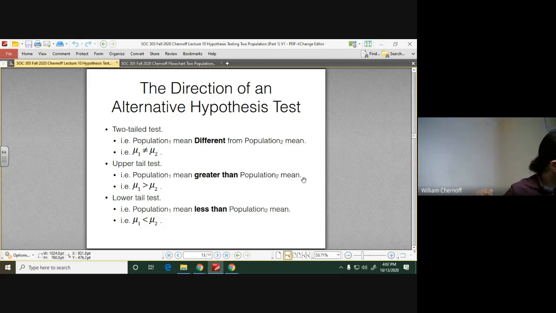Or it could be that the population average for population 1 is less than the average for population 2. So the alternative hypothesis is always going to be that there's a difference. And then we have to specify which type of difference is going on. Sometimes that'll be given to you in the assignments in this course. Other times you might have to think about it based off of your own knowledge about different groups.